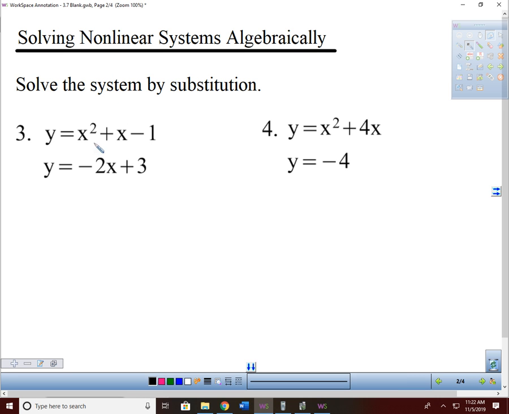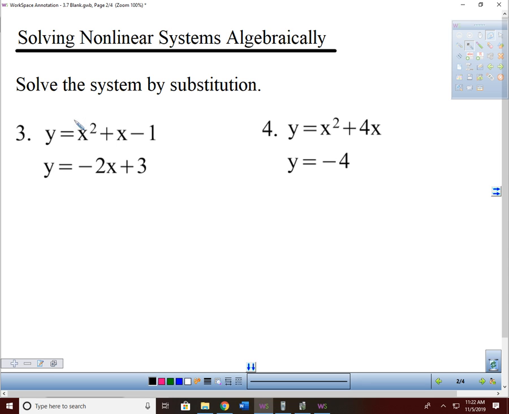All right, a second way for you to solve these systems is algebraically. So the first way we're going to do that is by substitution. That just means I'm going to take something from maybe the first equation and plug it into the second equation. So if I'm looking at problem number 3 here, I know that y is equal to x squared plus x minus 1. That means they are interchangeable.